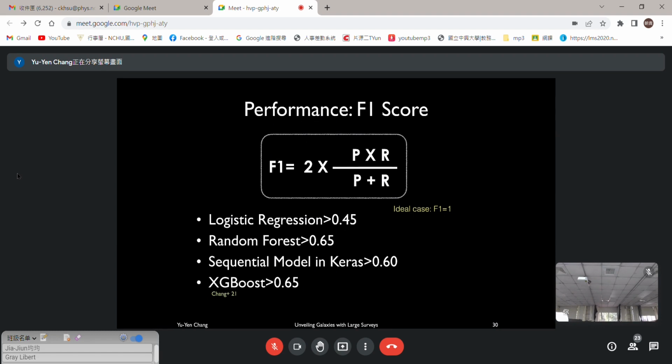We use different classifiers to classify AGNs, and the performance can be up to 0.65 if we use HistGradientBoosting, which is a very new classifier.